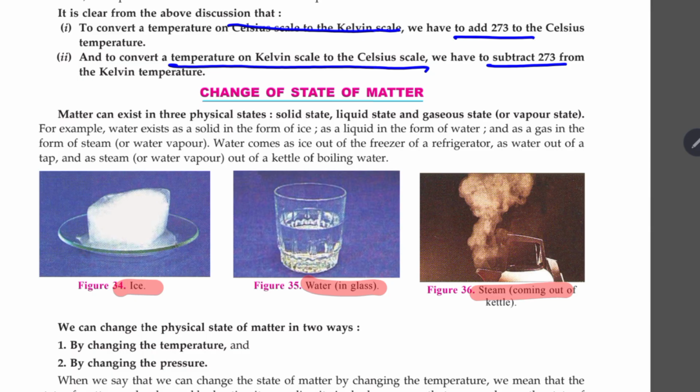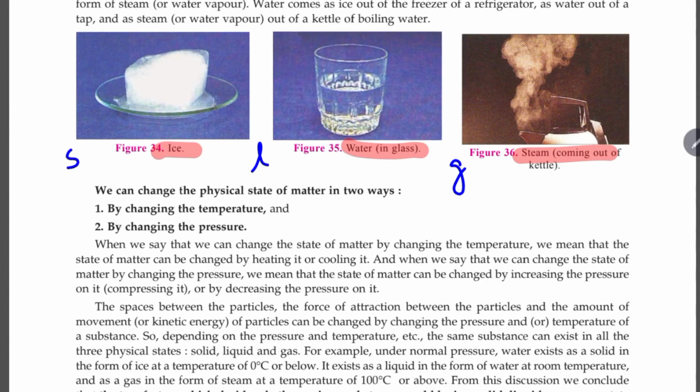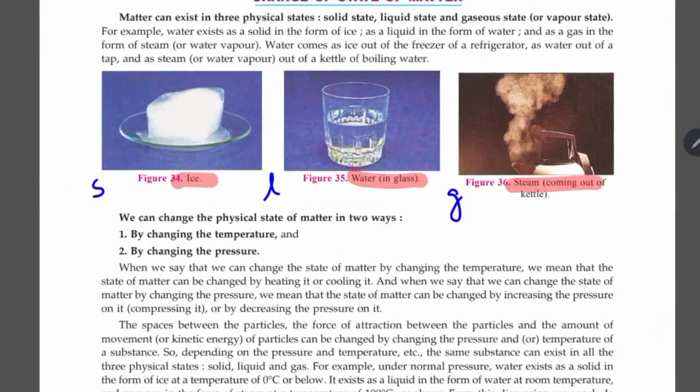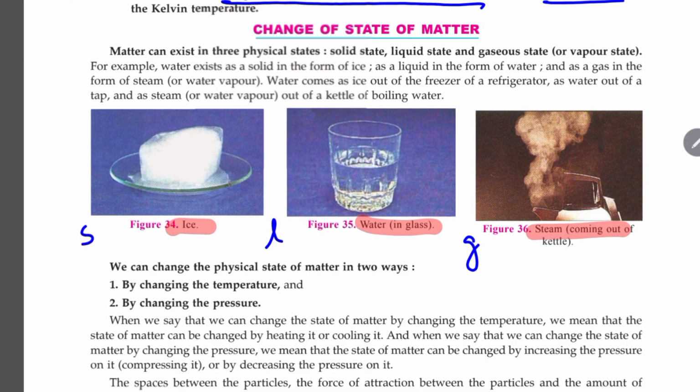Water can exist as solid, that is ice form. It can exist as liquid, that is water, and gaseous form, which is steam. So these are what we are familiar with. We can change the physical state of the matter by changing the temperature and by changing the pressure. So let us see how we can do so.